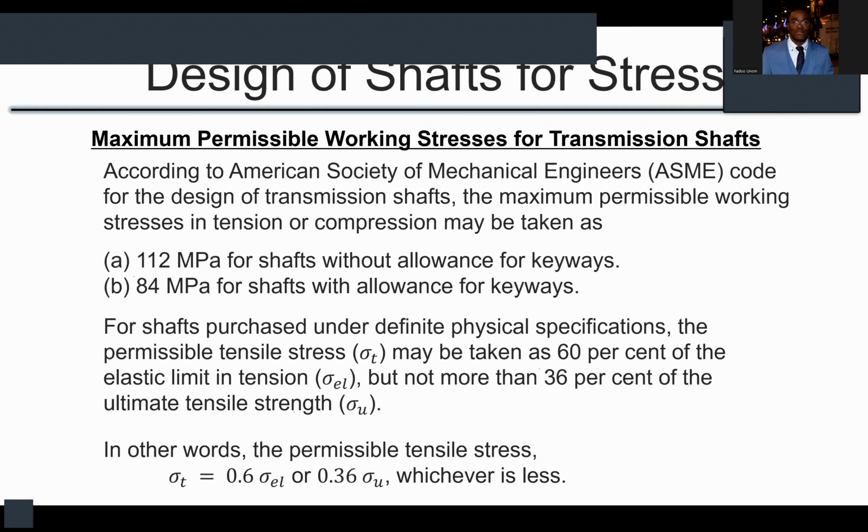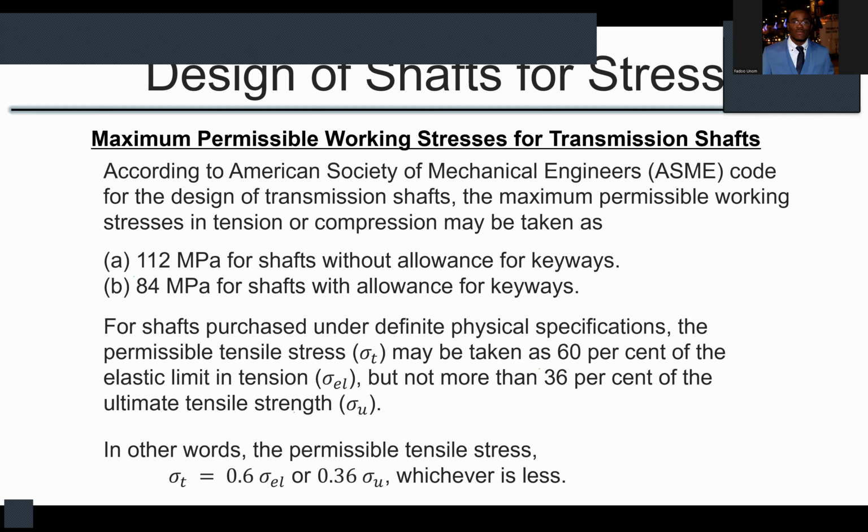So when you have shafts that have their defined physical specifications already, then the permissible tensile stress that is shown as sigma sub t, as I've seen there, it may be taken as 60% of the elastic limit in tension.